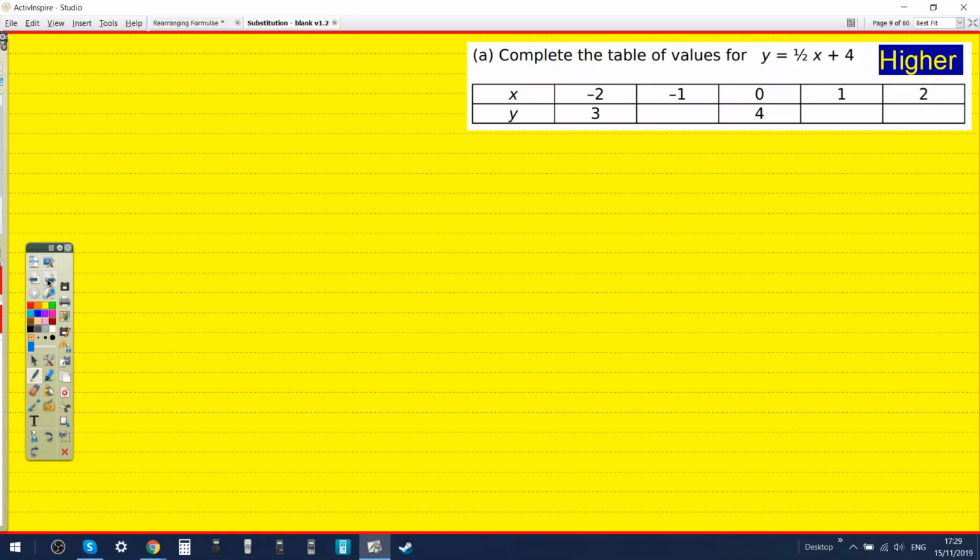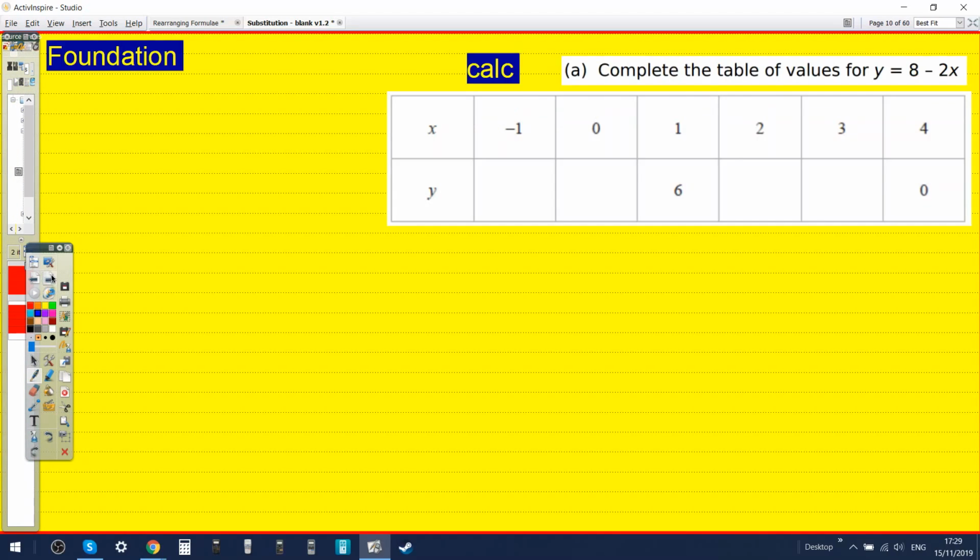So y equals a half x plus 4. So a half of minus 1 is minus 0.5, plus 4 is 3.5. And I think you'll be fine for the rest of those, if you were able to get that one.